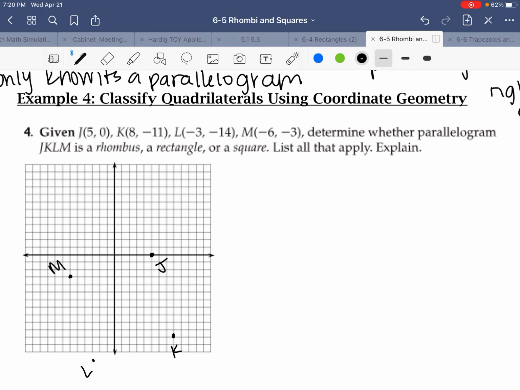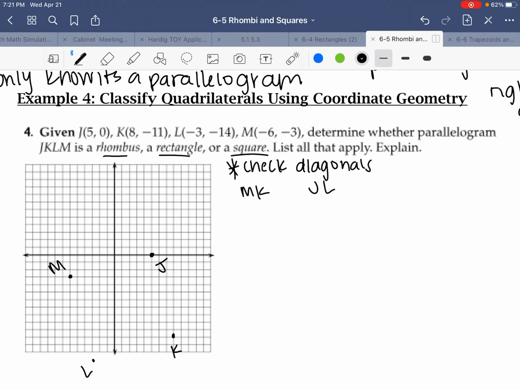We want to determine whether that parallelogram is a rhombus, a rectangle, or a square, and then list all that apply. The first thing that we'll do is check diagonals, because if the diagonals are congruent, we know that it is a rectangle. So I'm going to check the distance of MK and JL.